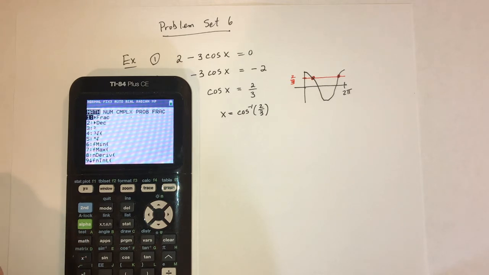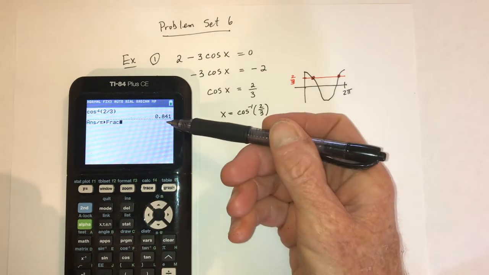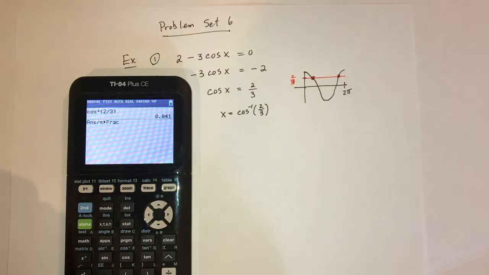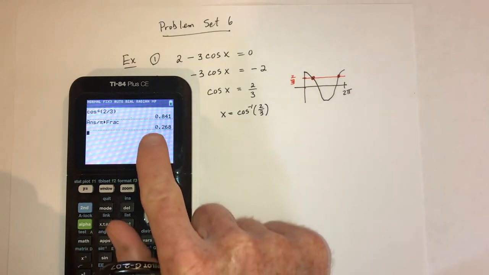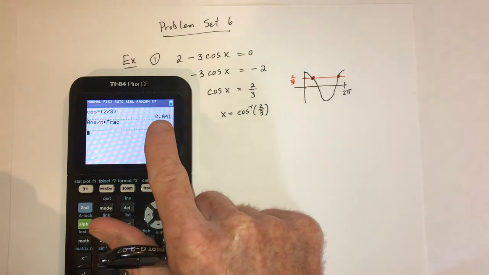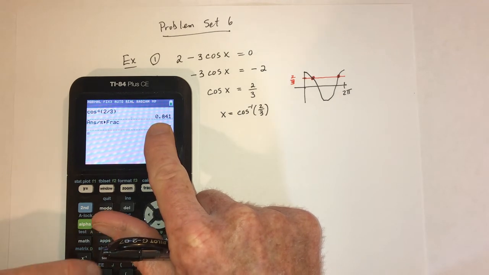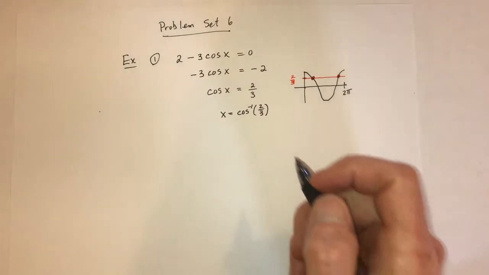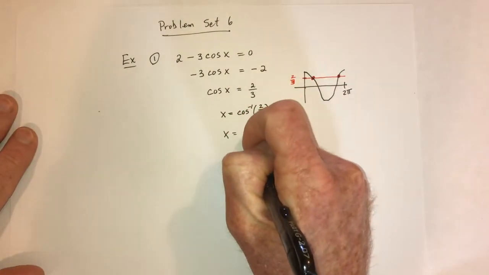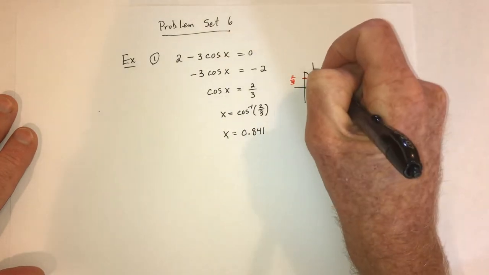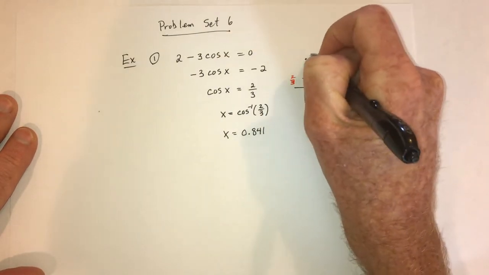And then math, change that to a fraction. Now, if it gives me a fraction like 1/7, then I know that this is pi over 7. But if it gives me a decimal, that means it was impossible to find a fraction. So you just use the 0.841 as one of the solutions. So x equals 0.841. That's for this answer.